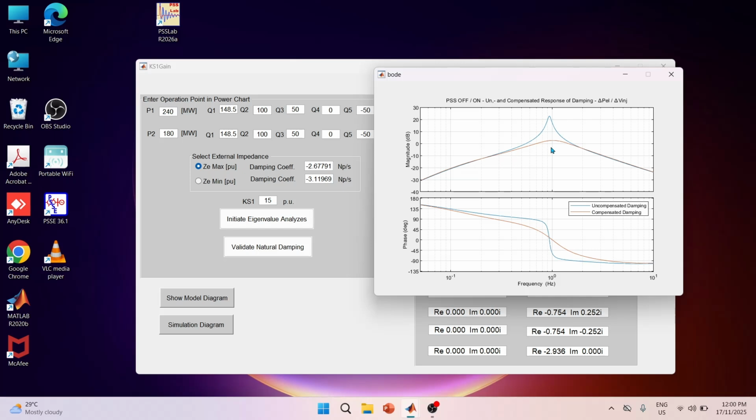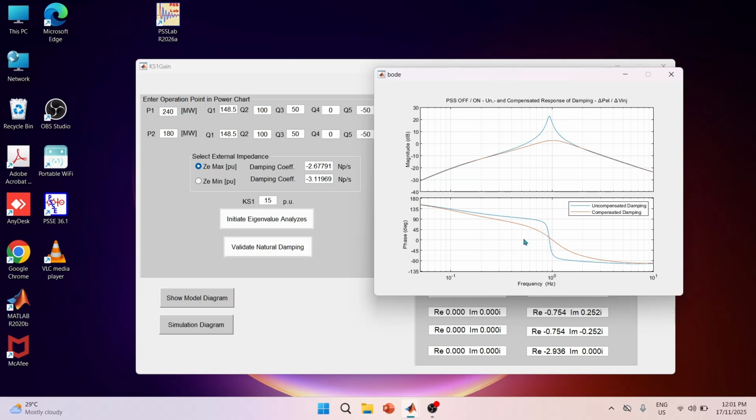The response with PSS off is much higher in amplitude for the range of the local area of oscillations. The response with PSS on is well below, which provides a good measure of the damping. The ratio of the maximum amplitudes with PSS off and PSS on should be at least 3 times.